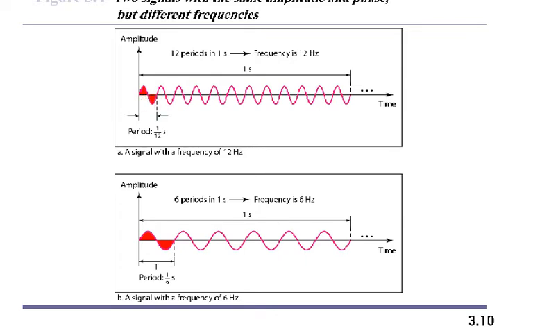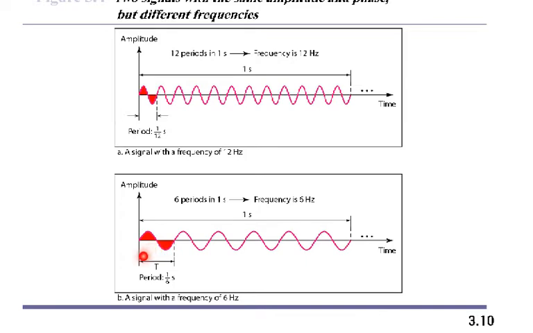Here it is 1 over 6 seconds. So what does that mean? This means that this signal changes faster than this signal. Or in other words, the frequency of this signal is higher compared to this signal.